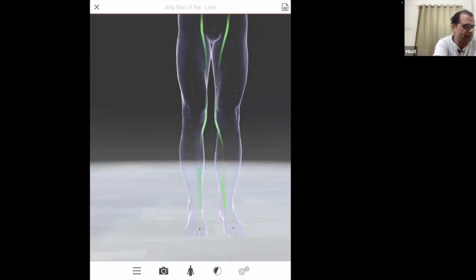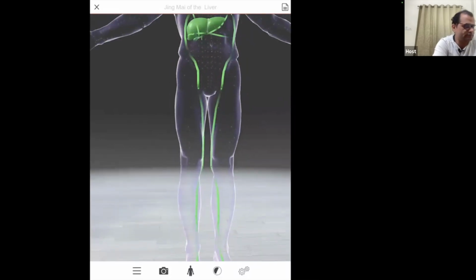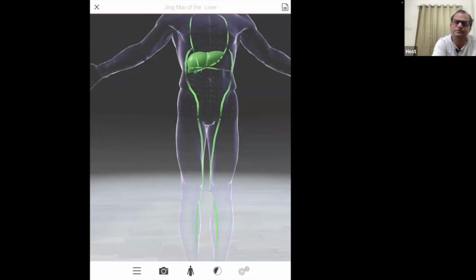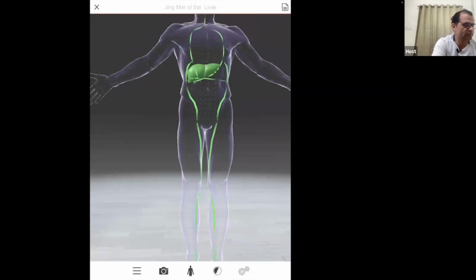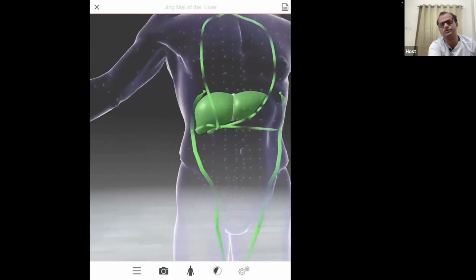There might be knee pain. There might be genital problems, uterus problem, prostate problem, or gallbladder stone. There might be fatty liver, liver problem, cirrhosis of liver.